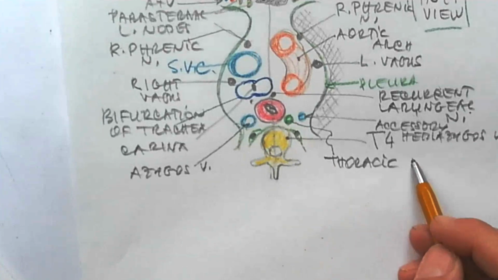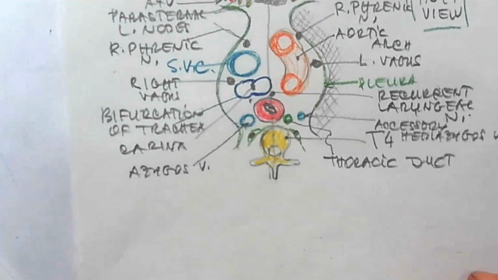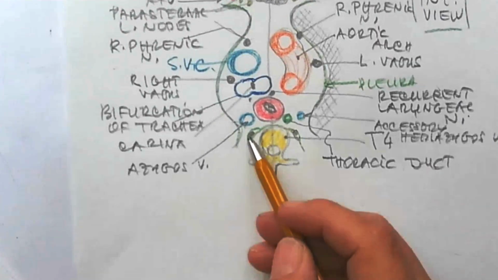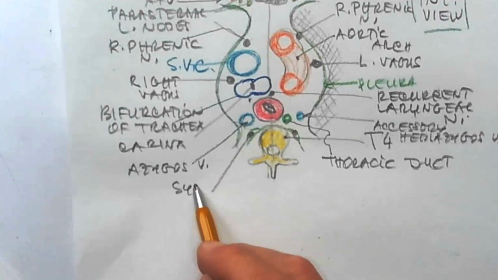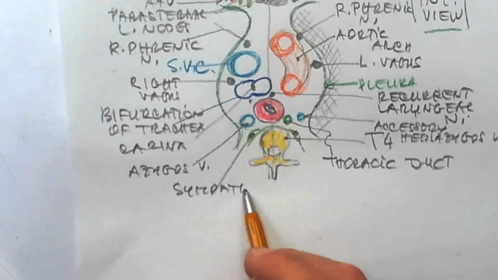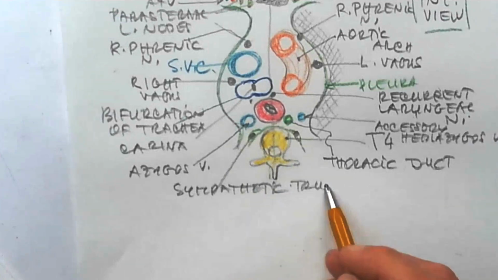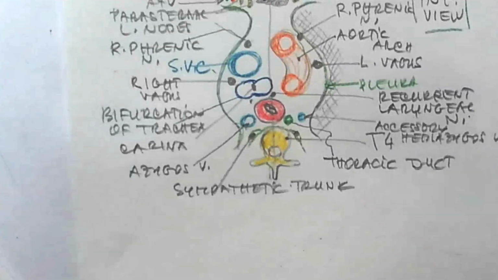The biggest duct which is found, the thoracic duct, is found in the posterior part of the region, the area. Finally, the sympathetic trunk. So you see there are so many structures. Nice area, sympathetic trunk, truncus sympathicus.